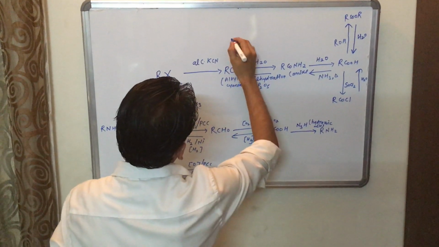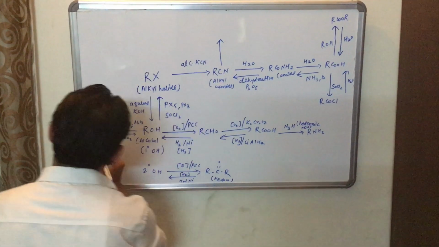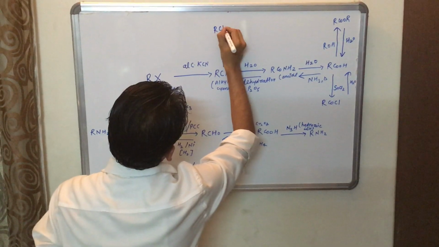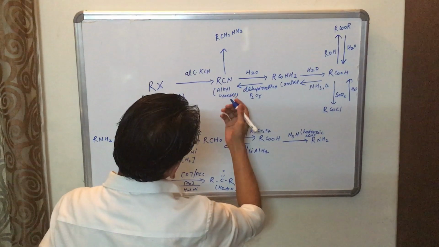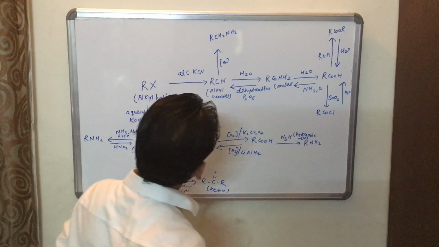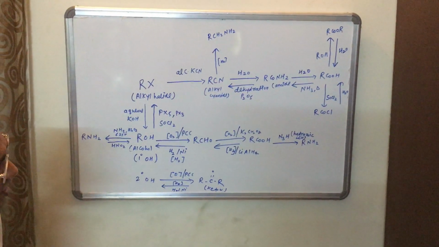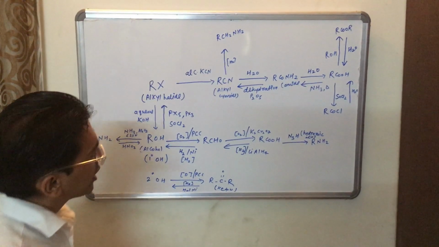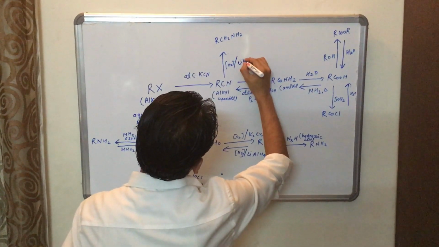Now here I have alkyl cyanide, and from alkyl cyanide if I want to obtain amine, RCH2NH2, then I have to simply do reduction, H2. Adding of H2 is known as reduction, addition of oxygen is known as oxidation, and a frequently used reducing agent is lithium aluminum hydride.